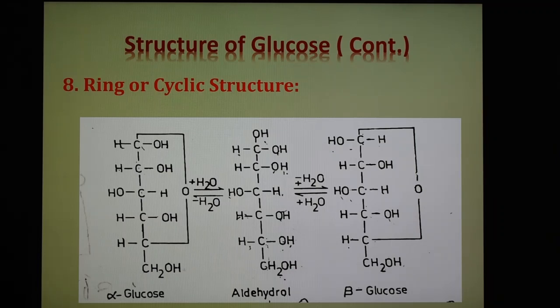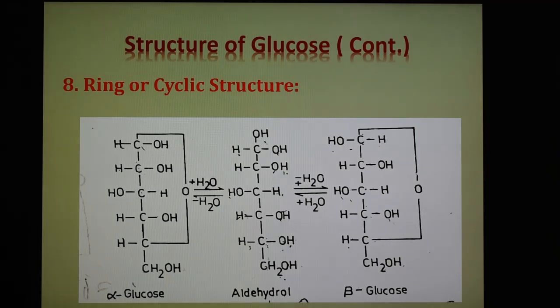Third, glucose exists in 2 stereoisomeric forms, alpha and beta glucose, having different specific rotations. Glucose also forms 2 methyl glucosides. And number 5, the open chain structure does not explain mutarotation. So these are the 5 drawbacks of the open chain structure of glucose.